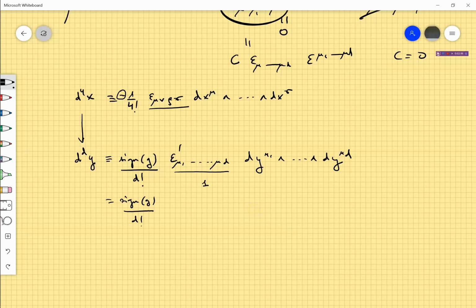If it weren't for the fact that it is a tensor density, this dy would transform as a covariant tensor, fully antisymmetric of d components, which is invariant. So up to the factor that comes because it is a tensor density of weight 1, which is just the determinant of J minus 1, the rest is just invariant.